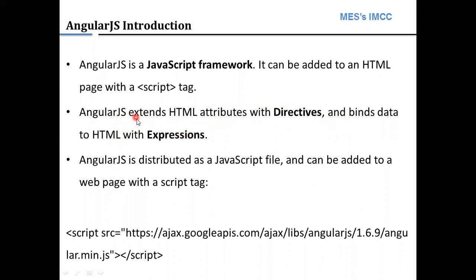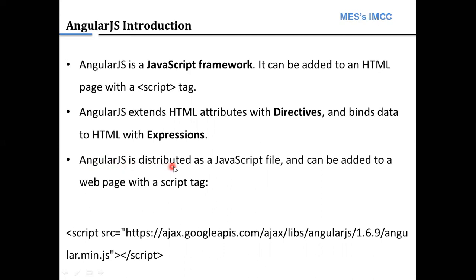Here in AngularJS, we add attributes in the HTML tag with the directives. We will see what types of directives there are in AngularJS. Later on, once we apply the directives, we have to bind the data to the controller with the help of expressions or any other application requirement. We will see these concepts later on or in the next chapter.